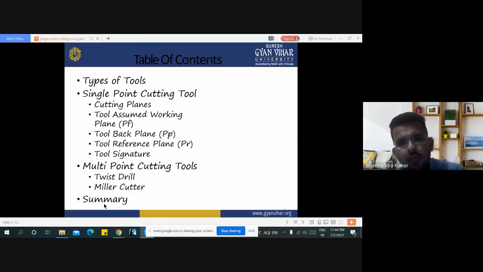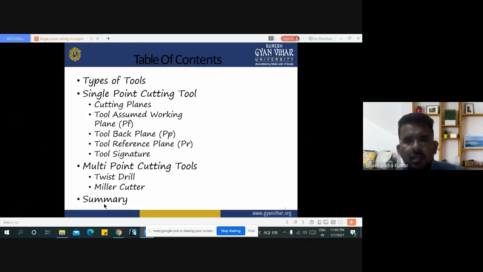In this topic we are discussing types of cutting tool, in which we will see that there are two types: the single point cutting tool and the multi-point cutting tool.